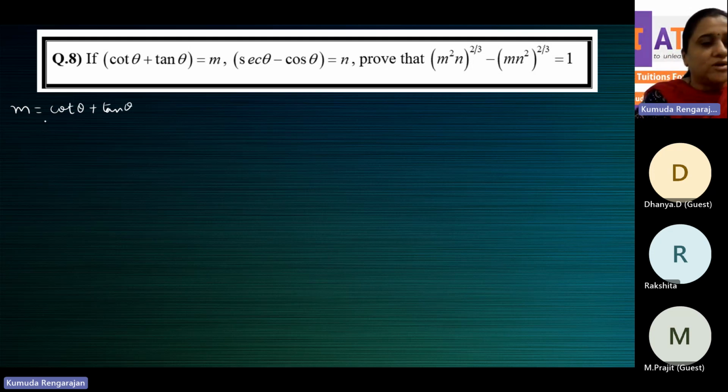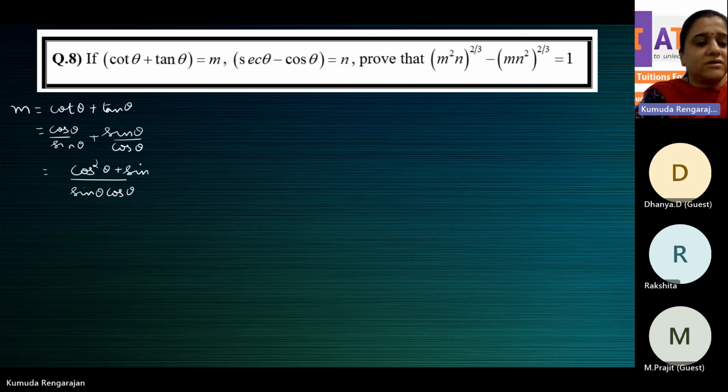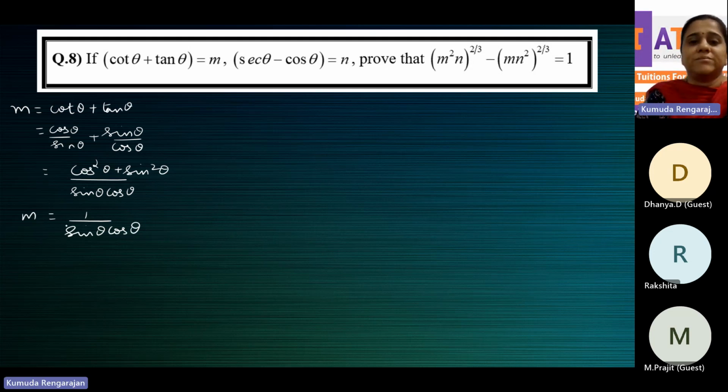So that is equal to cos theta by sine theta plus sine theta by cos theta. That is equal to, with common denominator sine theta cos theta, cos square theta plus sine square theta, which is equal to 1 by sine theta cos theta. This is M.